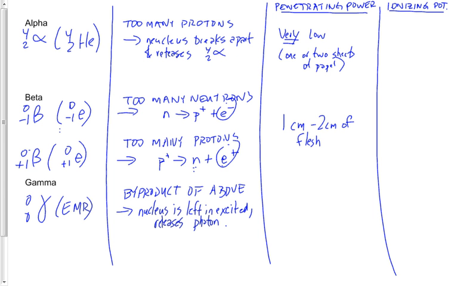Gamma rays, on the other hand, will penetrate several centimeters of lead. They have a very, very high penetrating power. Gamma rays are used in cancer treatment. You see them in a lot of places, including cancer treatment.